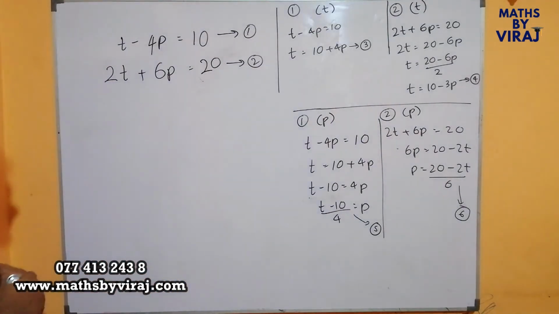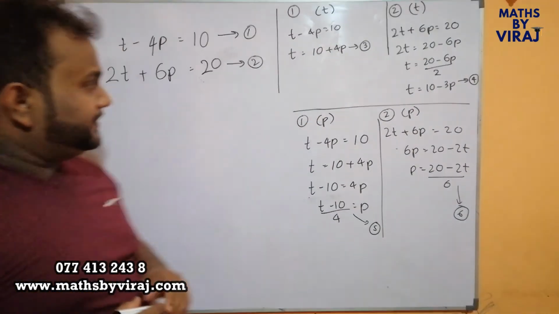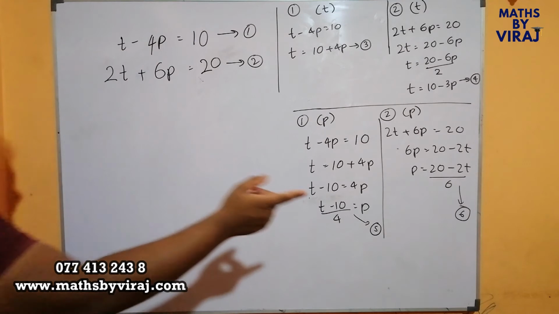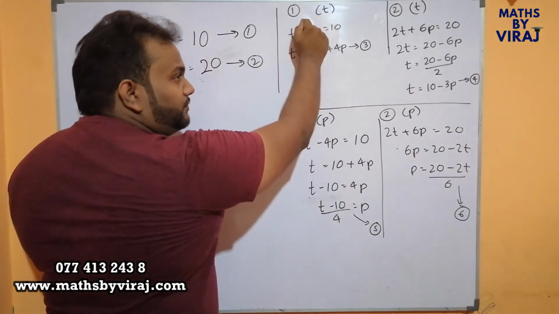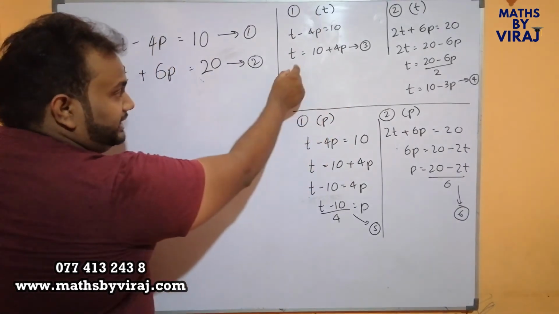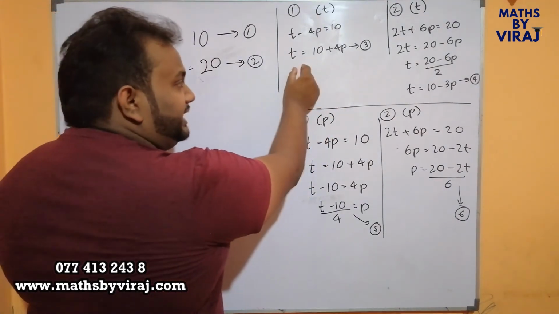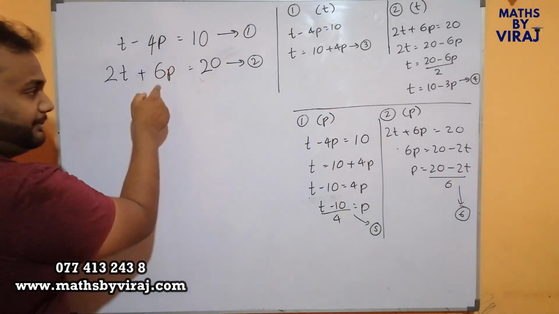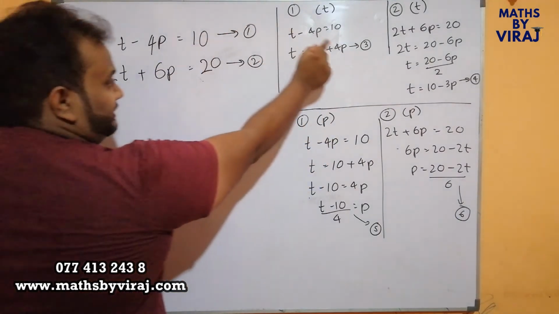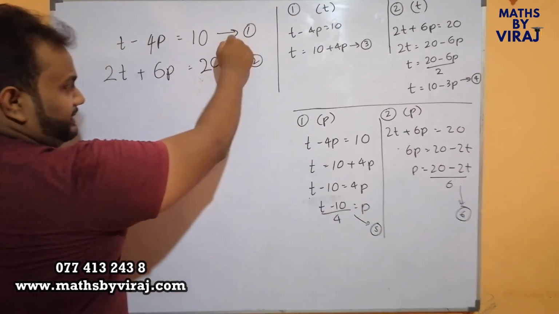Fine. So if I choose equation number 3, now remember I derived equation number 3 from equation number 1. Therefore, whatever derivation I have got for t in terms of p, I am going to substitute it into equation number 2, not equation number 1, because equation number 3 was derived from equation number 1.